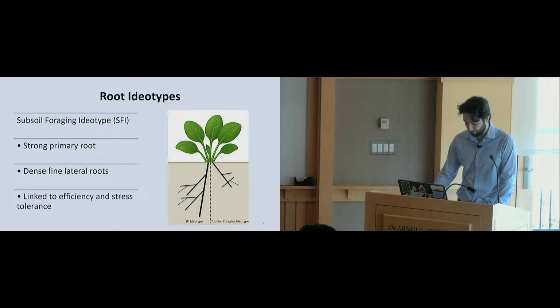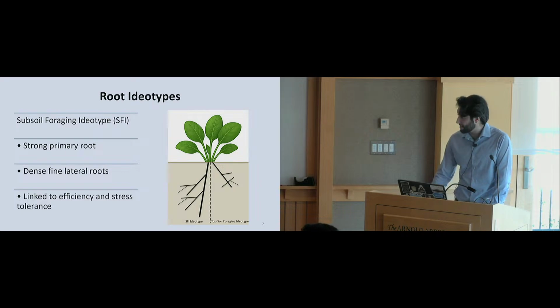The current model for an ideal idiotype in soil is the subsoil foraging idiotype, which is characterized by 3 things. First, a strong primary taproot, dense fine lateral roots, and is linked to efficiency and stress tolerance. And that was first described by Jonathan Lynch in 2013. And since then, they've seen this in corn, in beans, and several other crops, but have yet to see that in a vegetative crop like this.